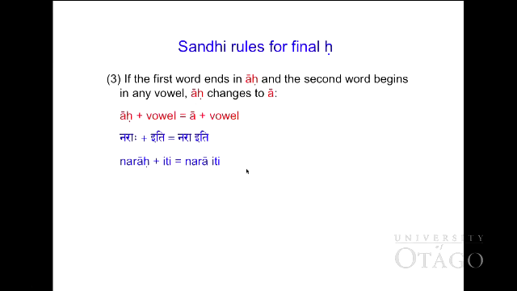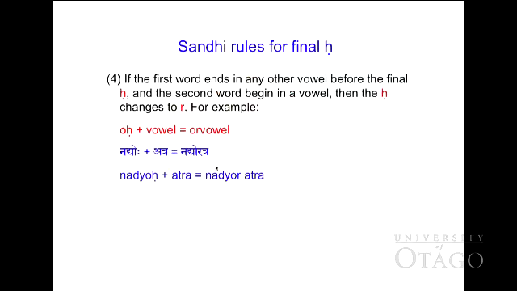Number 3: if the first word ends in āḥ and the second word begins in any vowel, the āḥ changes to ā. Like this, āḥ changes to ā, following with any vowel. Narāḥ iti will be narā iti.